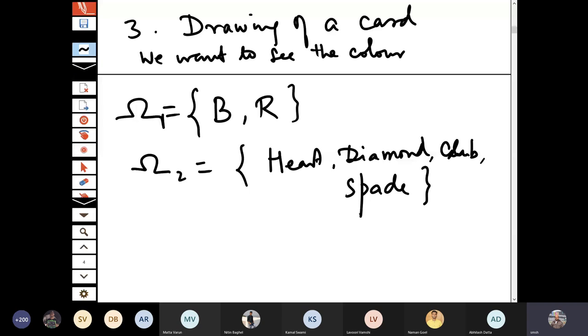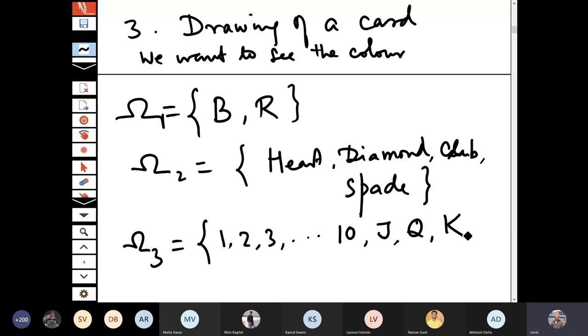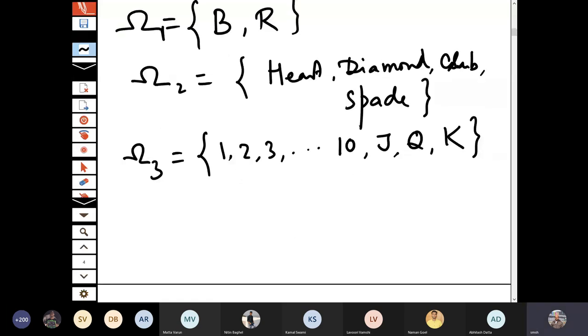We may like to see what is the value of the card. For example, it could be ace, 2, 3, and so on, 10, or it could be jack, queen, or king. Or it could be purely what the card is.